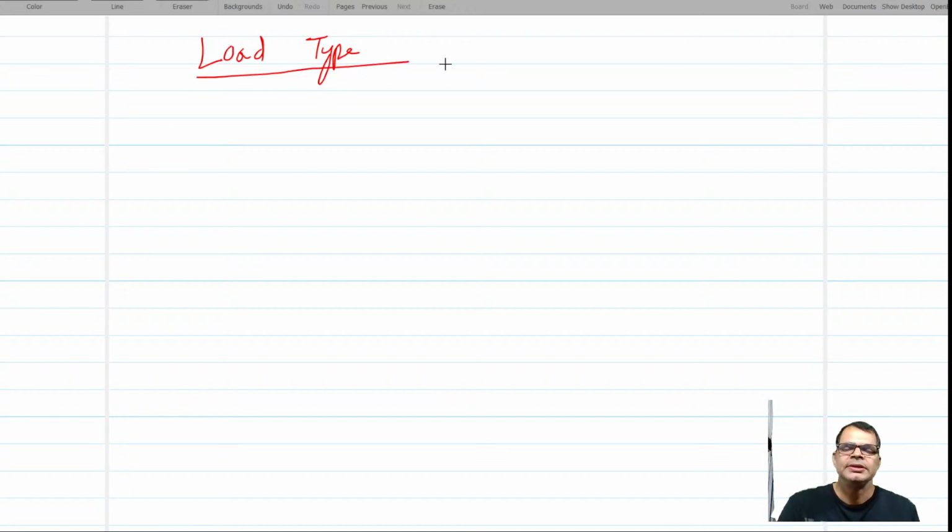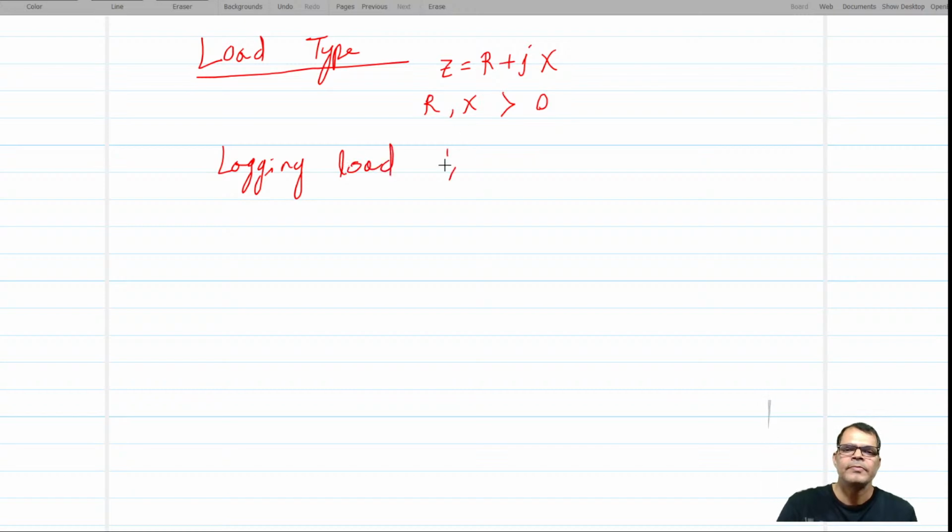Let you have Z, which is R plus jX, and we are assuming that both R and X are positive. For a lagging load, your Z is R plus jX.